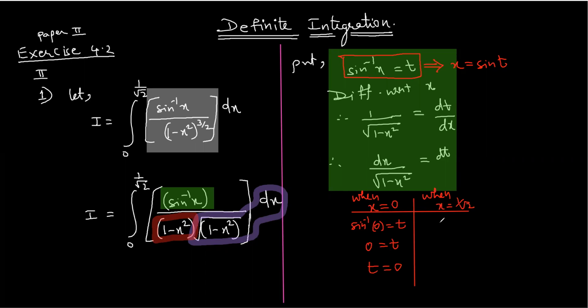Then when x is 1 by root 2, you have sine inverse of 1 upon root 2 equals t. Sine inverse of 1 by root 2 is pi by 4, because sine pi by 4 is 1 upon root 2. So you have t as pi by 4. So now you have the new integral with the new interval.